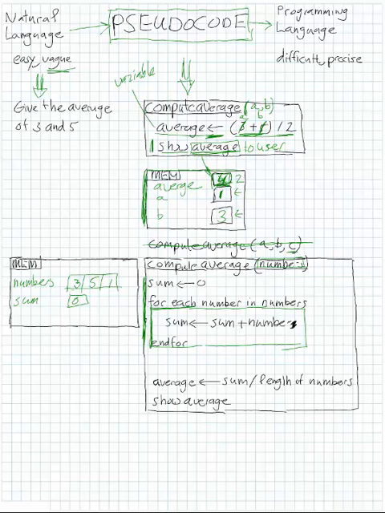And what do I mean with for each number in numbers? Numbers, of course, refers to our parameter.